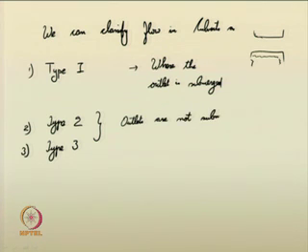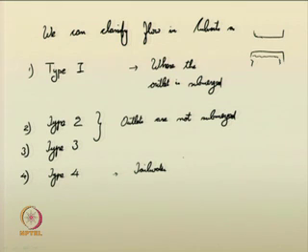We will see that. Then you can have type 4 flows. These type 4 flows are encountered where the tailwater depth is higher than critical depth.